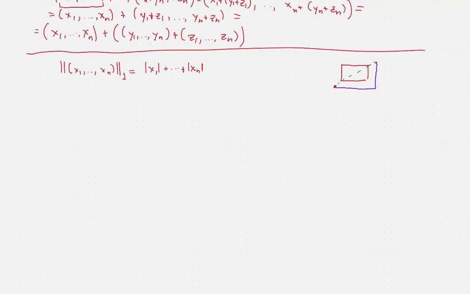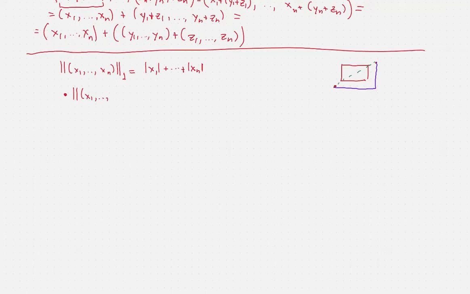In any case, let's check that this is a norm. So first of all, what do we need to check? The first thing that we need to check is that the norm of any vector is greater than or equal to 0. So is it?